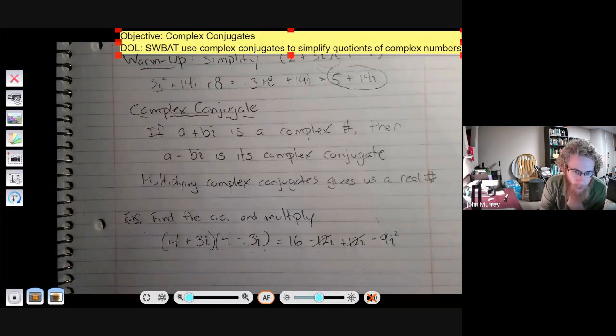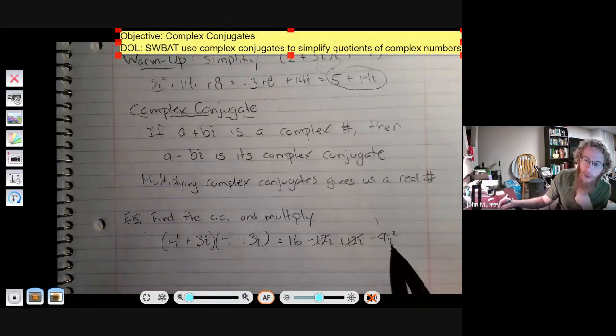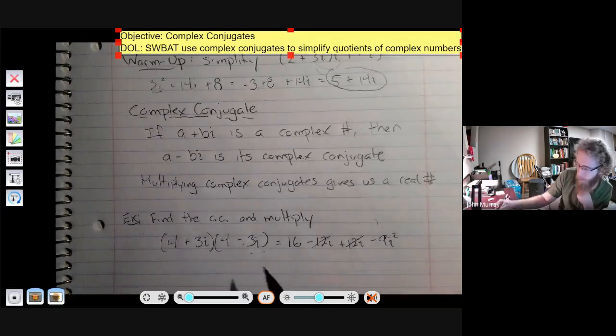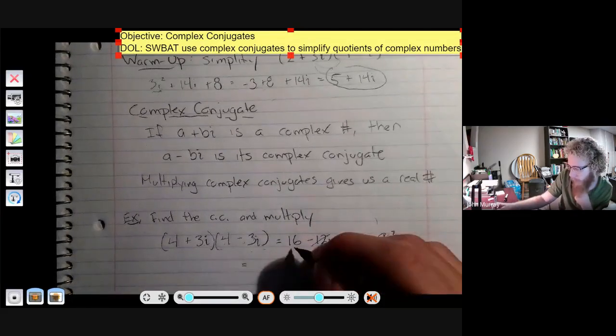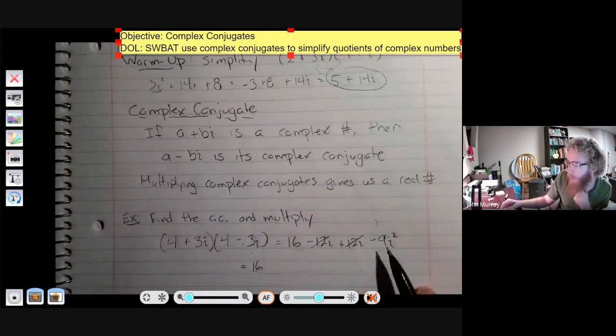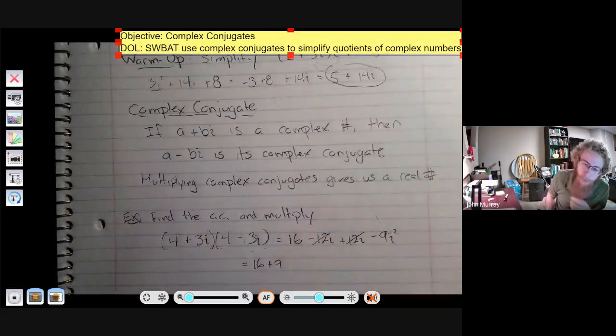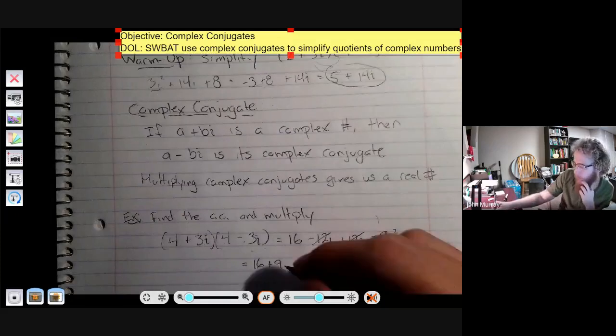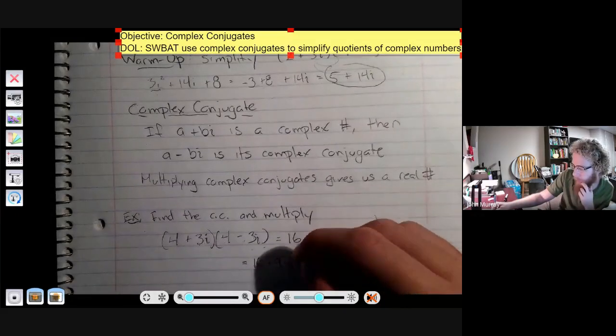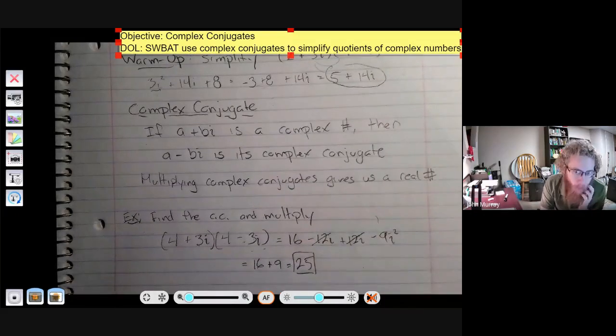Okay, and we specifically chose the conjugate for that reason. Again, here we see an i squared. So anytime the i squared is attached to something, we're going to change its sign. So that 16 is staying 16. And then this becomes positive 9. And then we can just add those together. And we get a real number, 25.